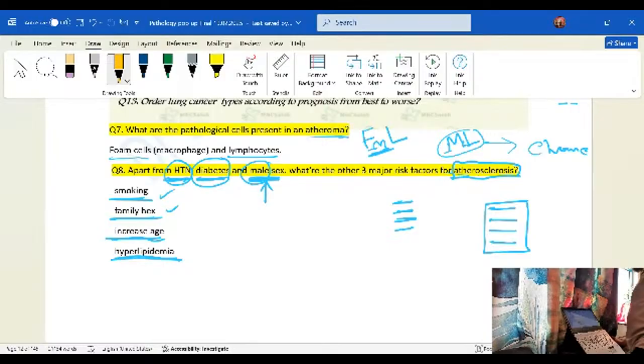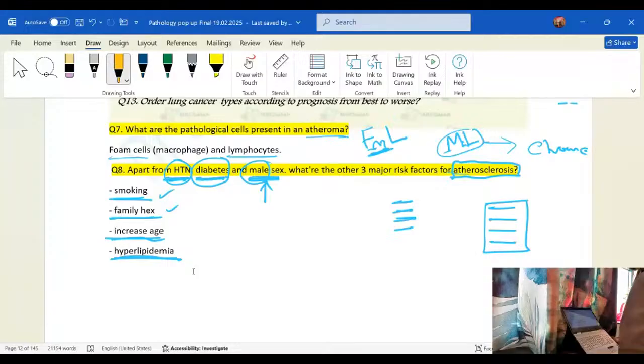Hypertension, diabetes, and male sex are already gone, so the remaining are family history, increased age, and hyperlipidemia.